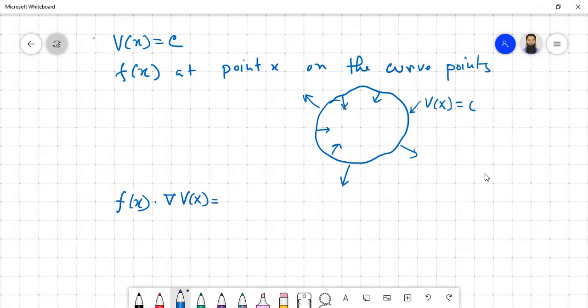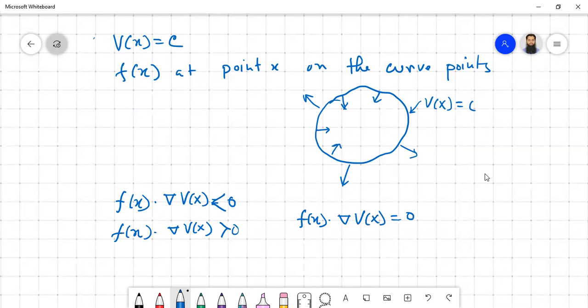If the value of this is smaller than 0, we are inside, and if f(x) dot nabla V(x) is greater than 0, we are actually diverging from the points on that curve. And if this dot product f(x) dot nabla V(x) is equal to 0, that means we are neither diverging nor converging. We are actually always on the surface.